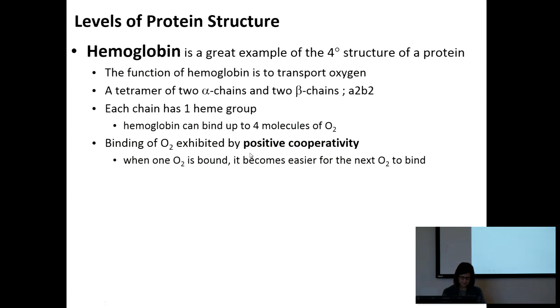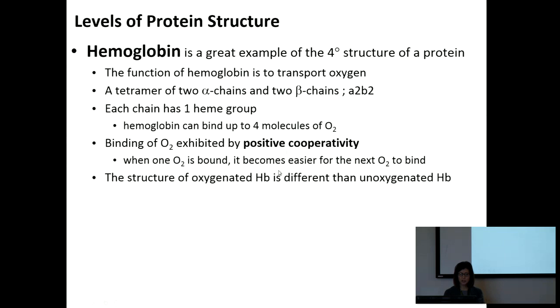And what we see is positive cooperativity. When one oxygen binds to one of the subunits, it becomes easier to bind other oxygens. There's a conformational change. Once one oxygen comes in and binds to one of the subunits, that changes the conformation of the other subunits, and it makes it easier for the next oxygen to bind.